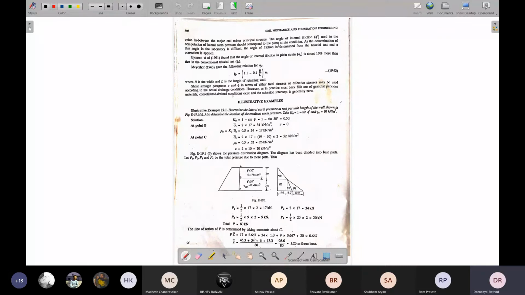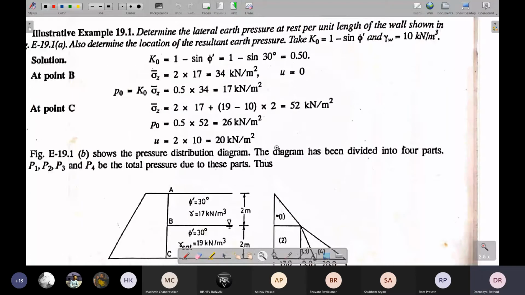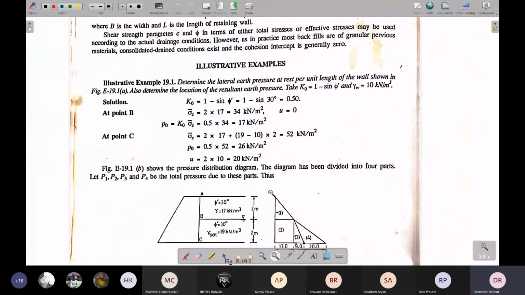So let us see what exactly this problem says. Visible, right? May I continue? Yes, sir. Determine the lateral earth pressure at rest per unit length of the wall shown in the figure.